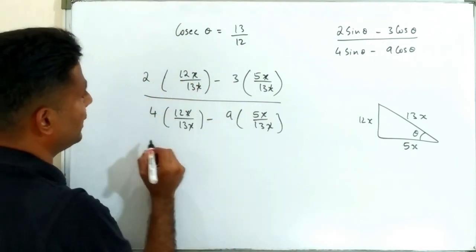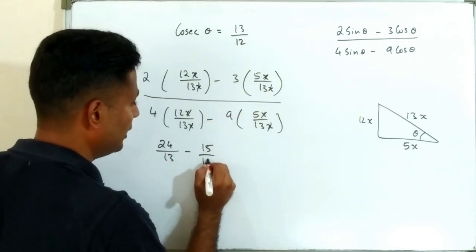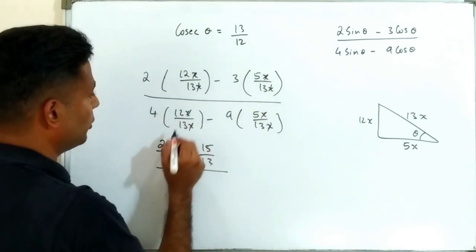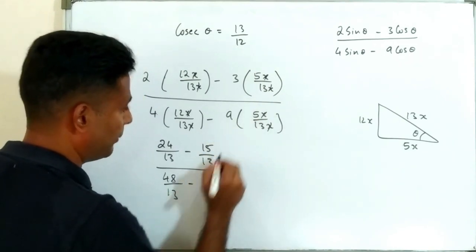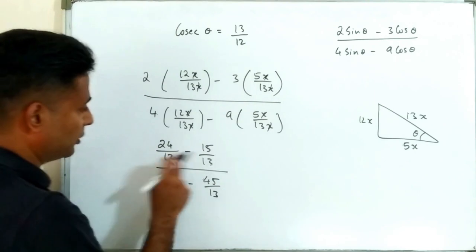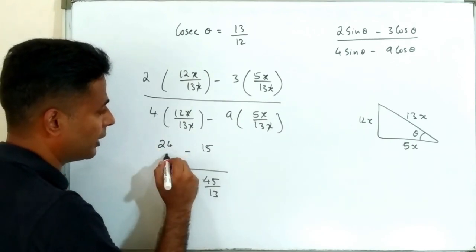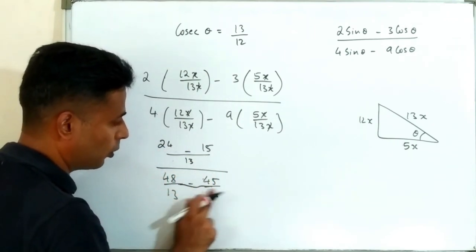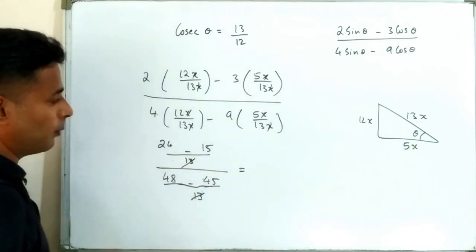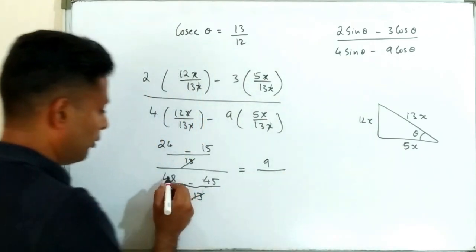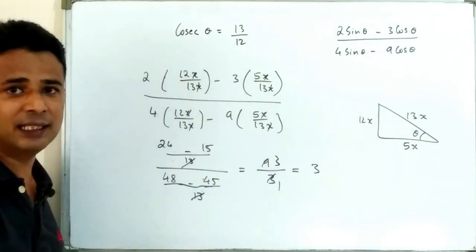So we get 2 into 12 by 13, that is 24 by 13, minus 3 into 5 by 13, 15 by 13, whole by 4 into 12 by 13, 48 by 13, minus 9 into 5 by 13, that is 45 by 13. Now since both denominators are the same, LCM is 13 itself, right? So this will become whole by 13 and this also will become whole by 13. And 13 and 13 will cancel. So what do we get? 24 minus 15 is 9, by 48 minus 45 is 3. So the answer is 3.